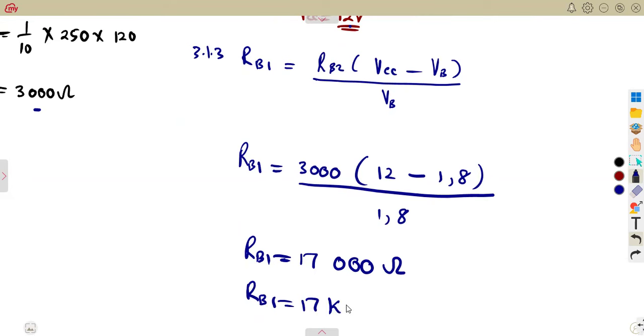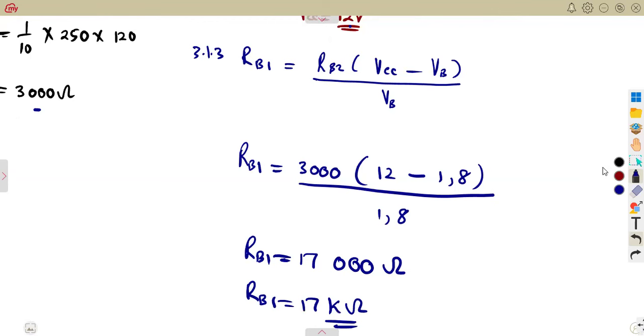17,000 ohms is the same as 17 kilo ohms. So this is how your questions might be given, considering the part of the voltage division on its own, just the basic calculations. Then we're going to talk about this in conclusion when you are dealing with those H parameters, whether it is the precision method or the approximation method.